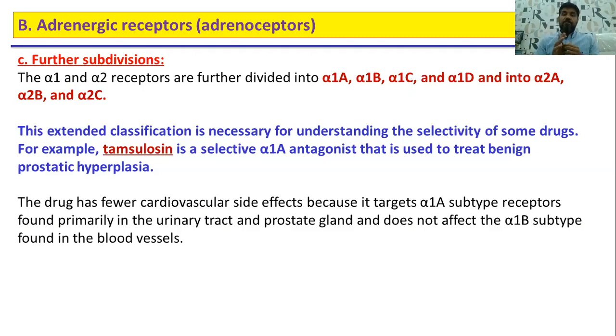And here we have a very important example. We have tamsulosin. This drug is a selective alpha 1 antagonist that is widely used for treatment of benign prostatic hypertrophy.